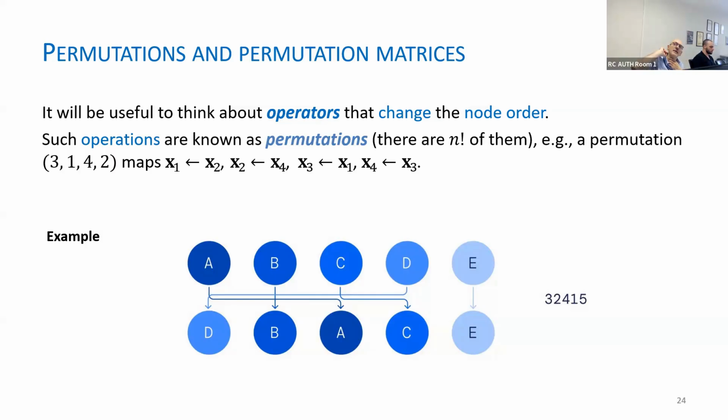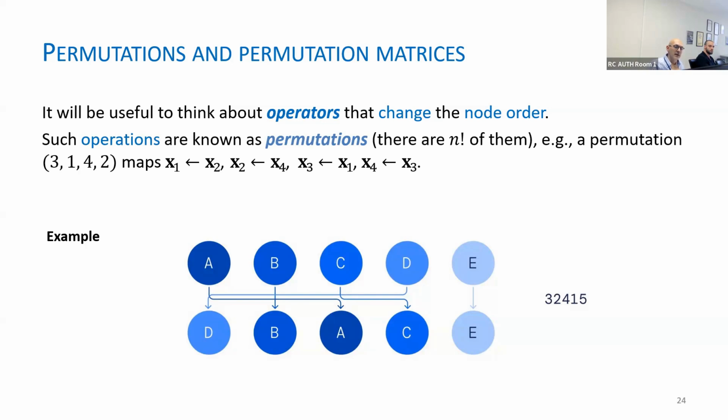If we have n points, the number of possible permutations is, of course, n factorial, so it's normally a very high number. In this example, the point A in the figure is mapped to position 3, and this vector tries to capture this permutation.